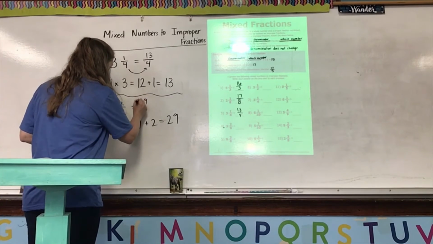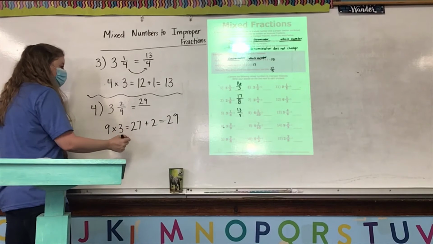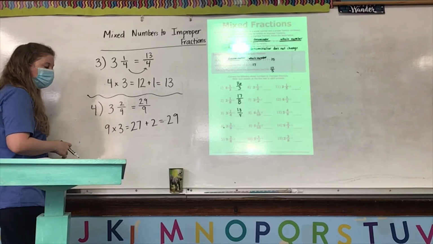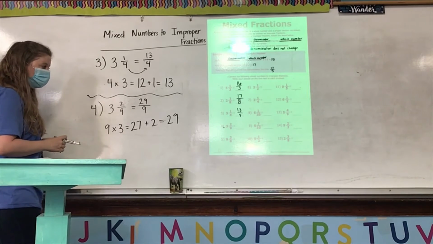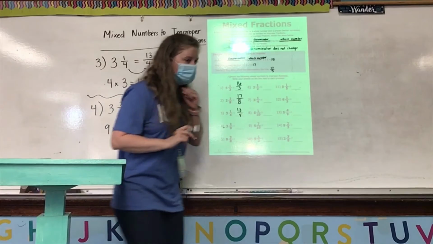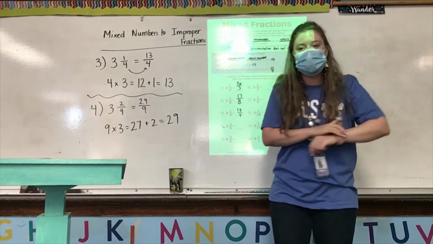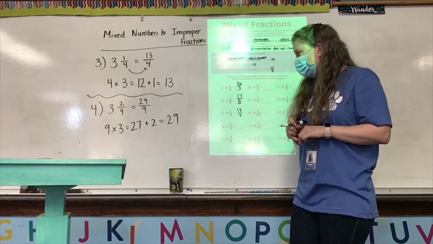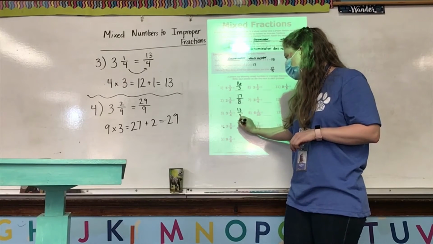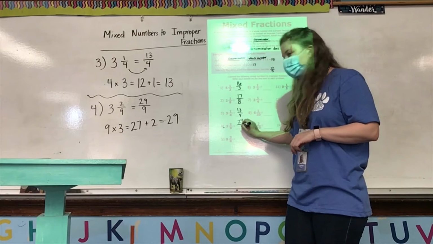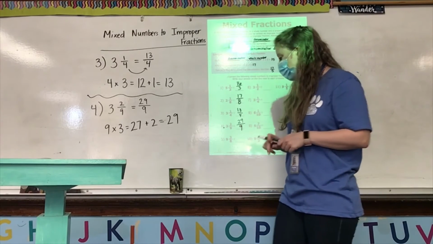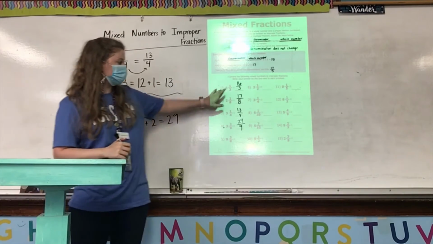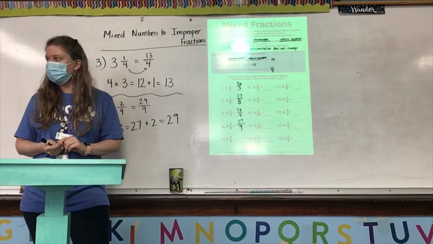And what's our denominator? 9. How do we know that? Because the denominator never changes. So Zari, 3 2/9 is equivalent to 29 ninths. Okay, so does everybody feel good about converting mixed numbers to improper fractions?